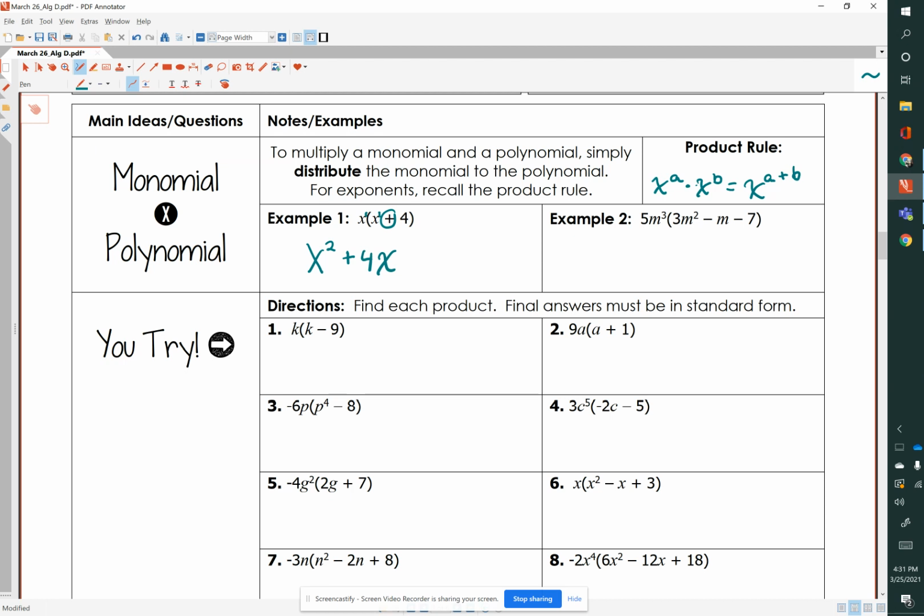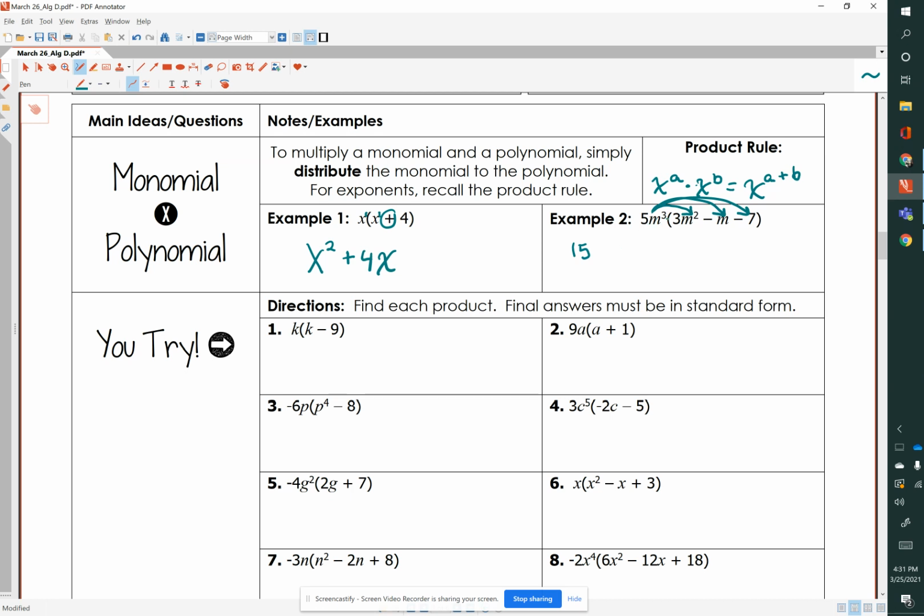In the second example, we're going to multiply 5m to the third through to each one of these terms. Remember, terms are separated by addition and subtraction, okay? So we're going to multiply 5m to the third first times 3m to the second. So 5 times 3 is 15. Now, for the exponential term on the variable, we need to add those exponents.